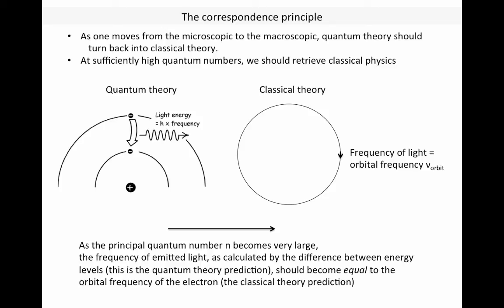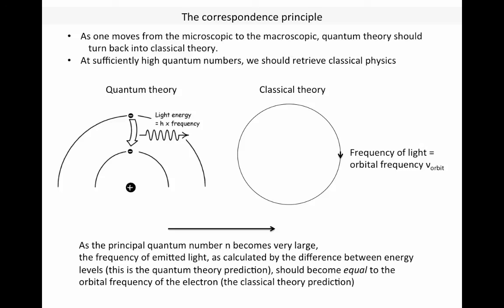In order to make sure, though, that we are extending the theories rather than replacing them, there's one important requirement that must be fulfilled, and that is that at sufficiently high quantum numbers, which means as one transitions from the microscopic back to the macroscopic, our new theory should smoothly change into our old theory.